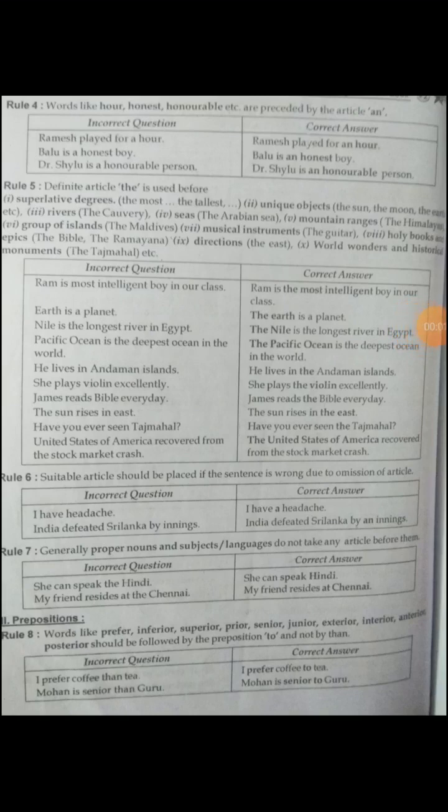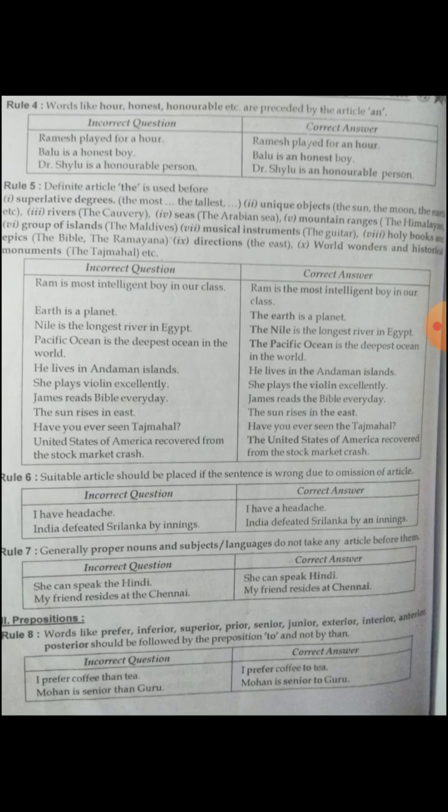Next rule: words like honor, honest, honorable are preceded by the article an. These words do not start with a vowel letter, but they produce a vowel sound.